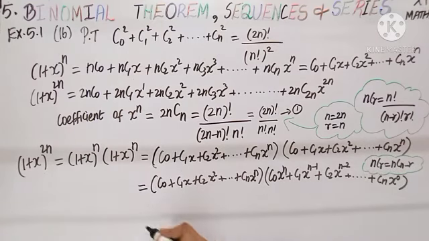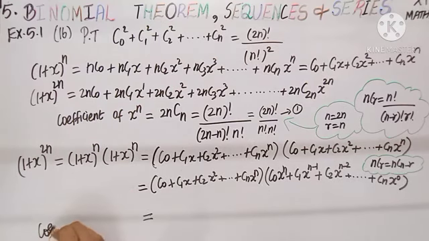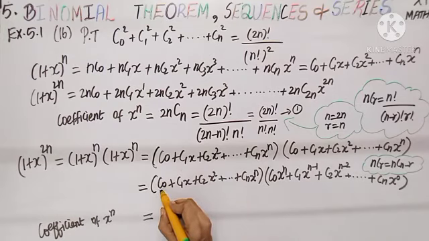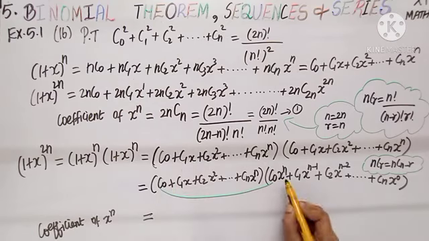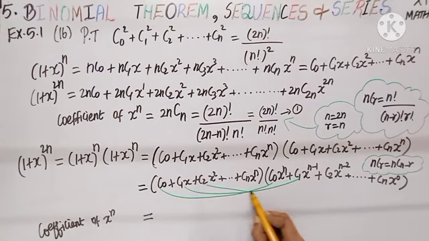The next step, I want to find the coefficient of x power n. How am I going to find the coefficients? If I take C0 here, no x power at all, combine this. Here x power 0, here x power n. Combine these two. X power 1, x power n minus 1. Combine these two.